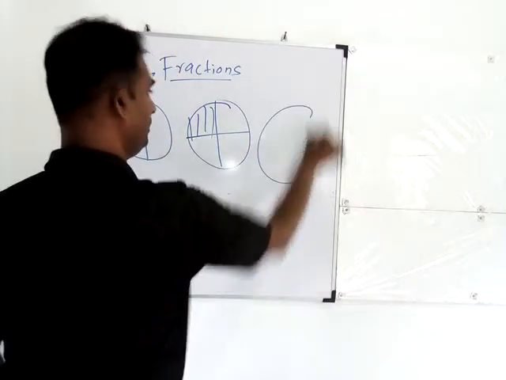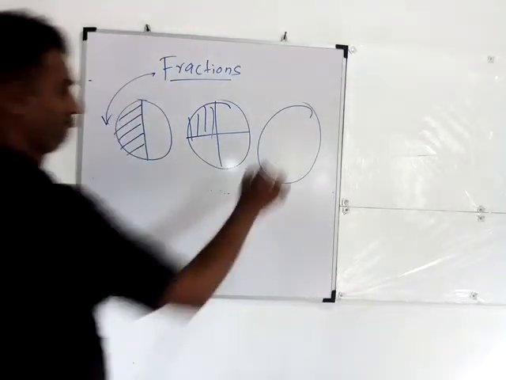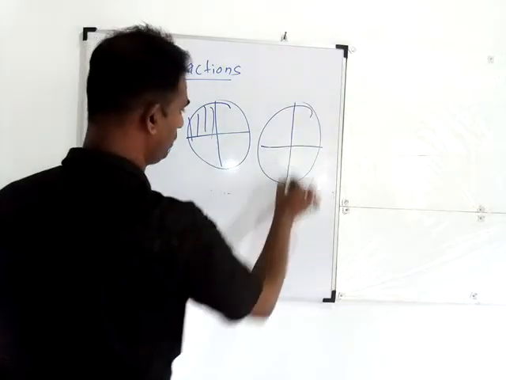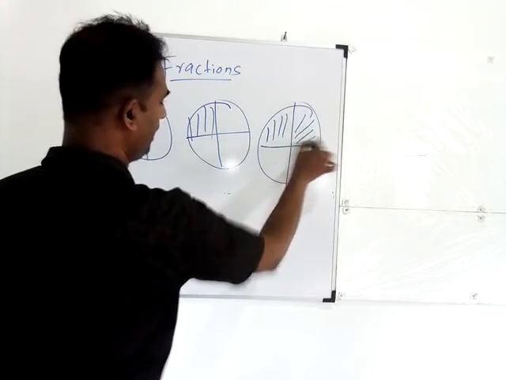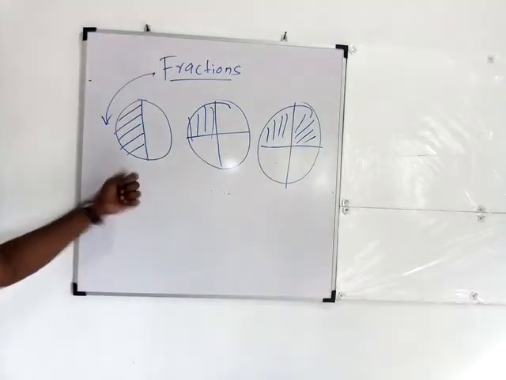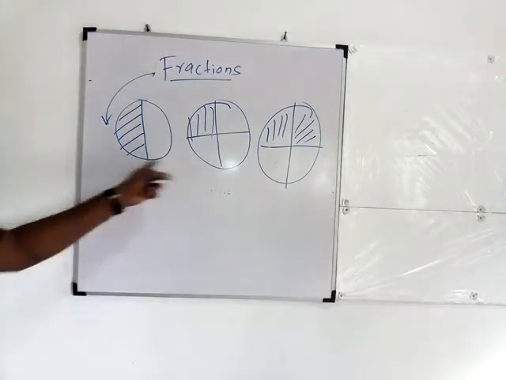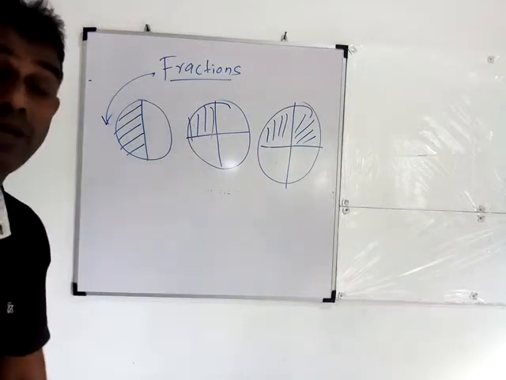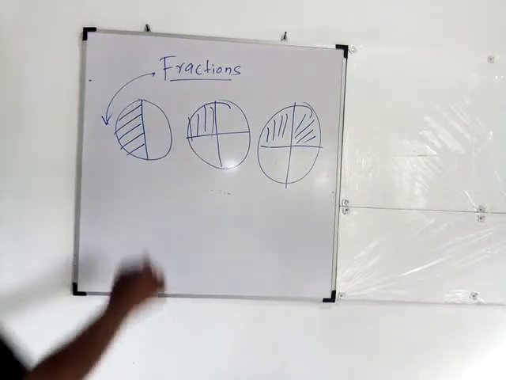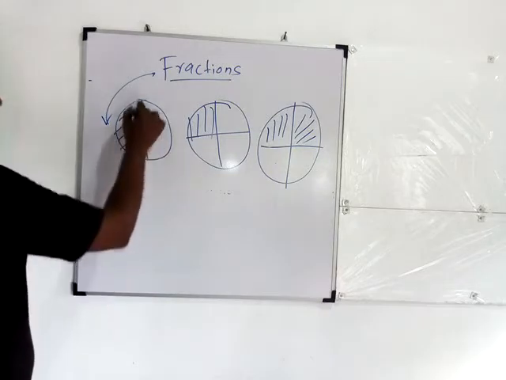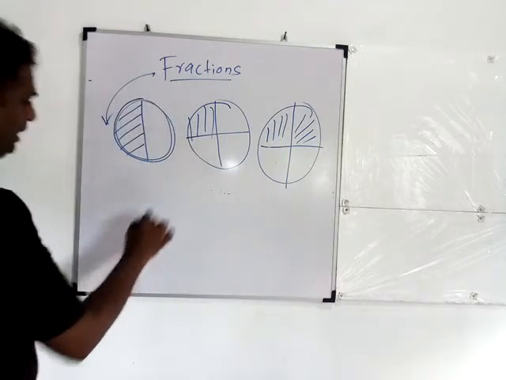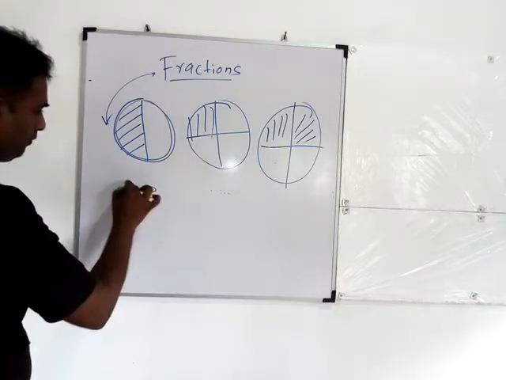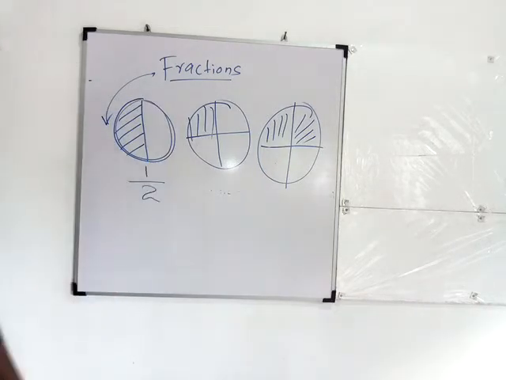Another circle is the same. I divide it using two lines in a row and I darken two parts. How do we notate that? We can divide, but mathematically how do we notate this? The total is one circle. It is divided by two, dark one.